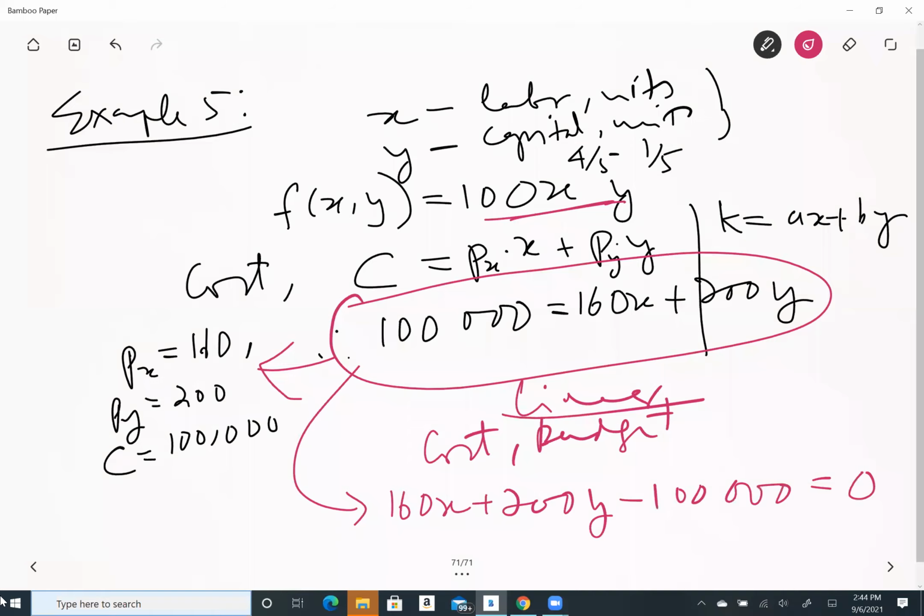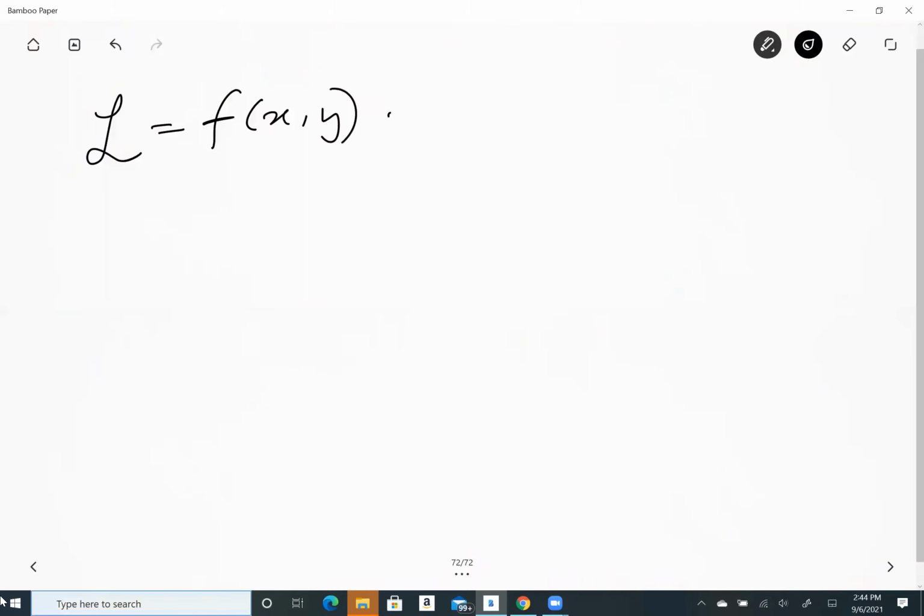Then we can come up with the Lagrangian. The Lagrangian function is of the same form. Our Lagrangian function, as you know, is f of xy plus lambda multiplied by g of xy minus a, and that is equal to the objective, which is the production.